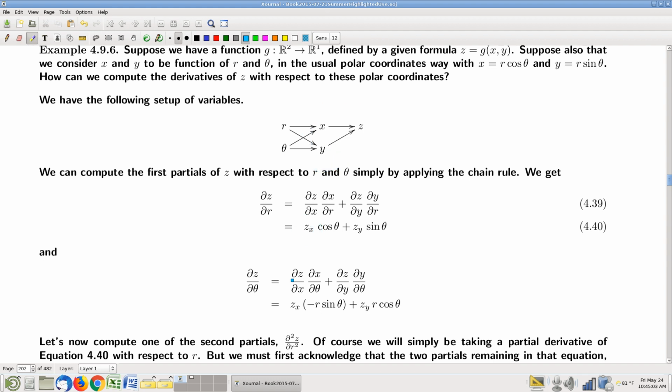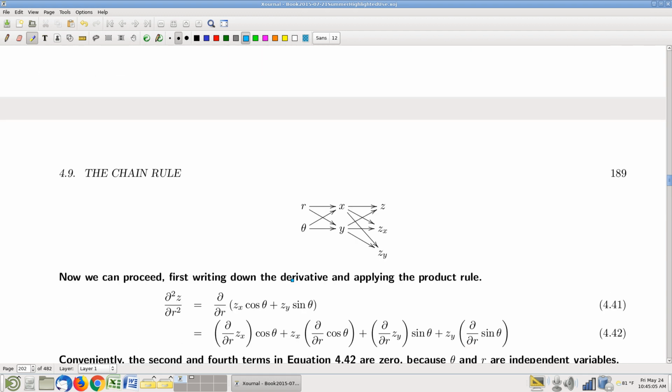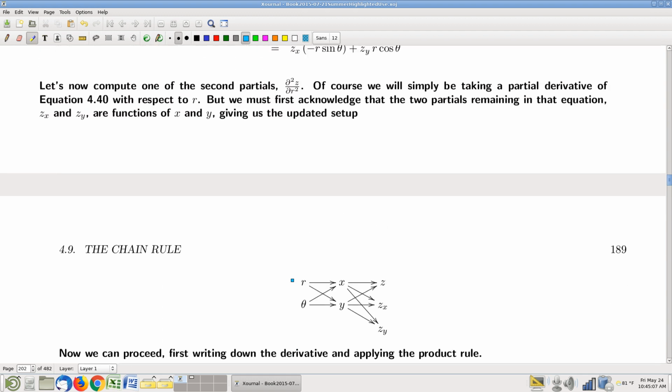Because it is a function of x and y, I'm going to indicate thus on our diagram. And so, here's what we started with as our diagram. I'm now appending it to observe that zx is a function of x and y. And likewise, zy is a function of x and y. I'm just documenting. Right? I didn't really do anything there. I'm just making observation of what I've got.